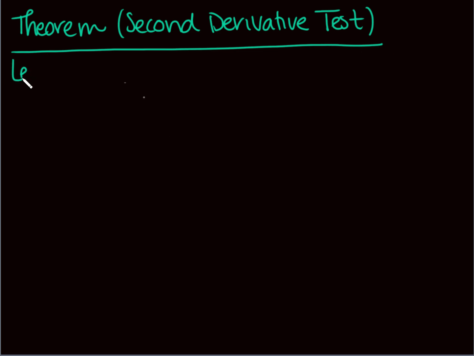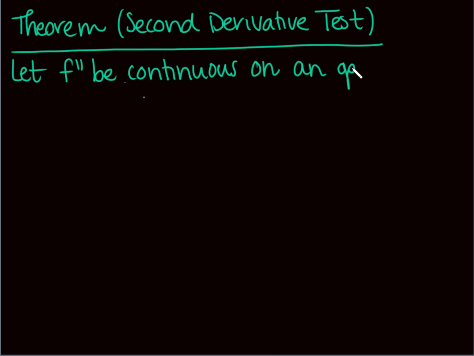So let f double prime be continuous, so the second derivative exists and I have nice things going on. Let's say it is continuous on an open interval containing c. So I want to look at an interval around this critical point.